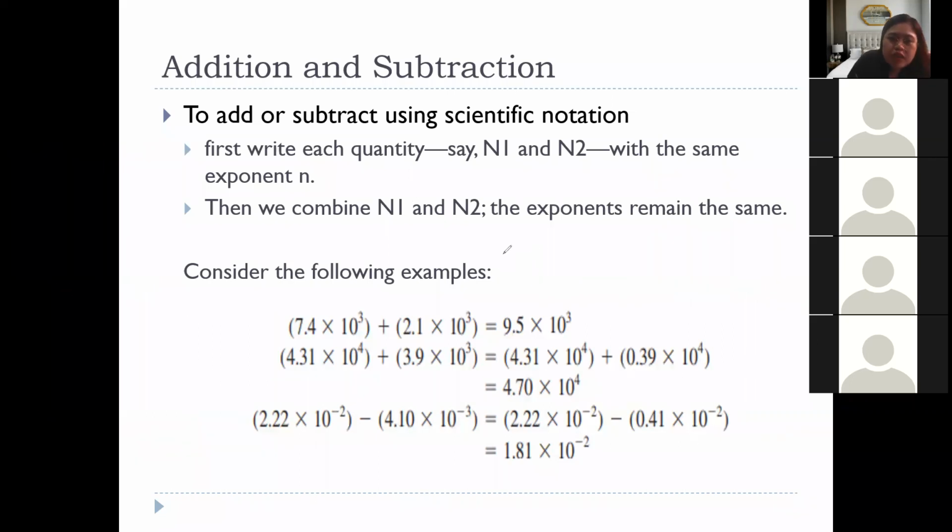Kung mag-input mo ani sa calculator, you just write 7.4, and then it will be better if you use the EXP. Again, the EXP is found... Where is my calculator here? Let me get my calculator. Ayan.